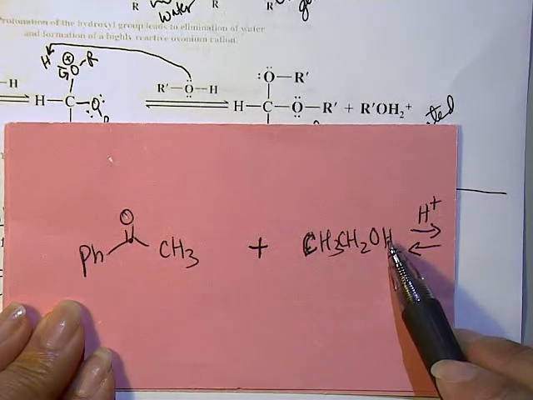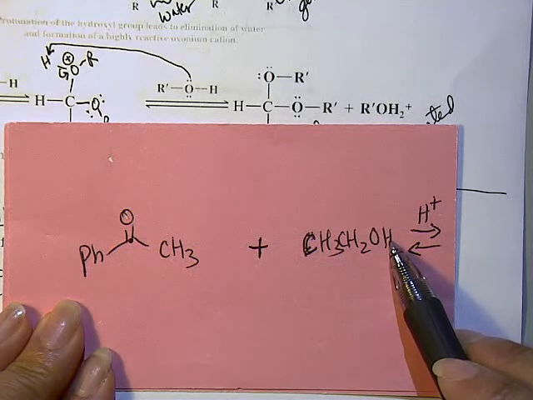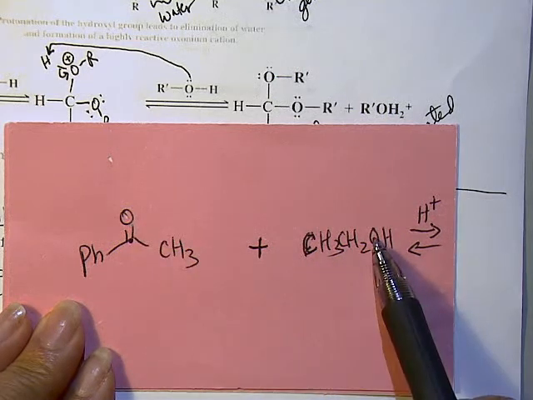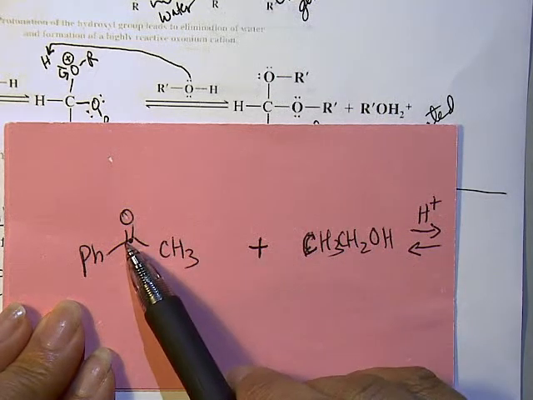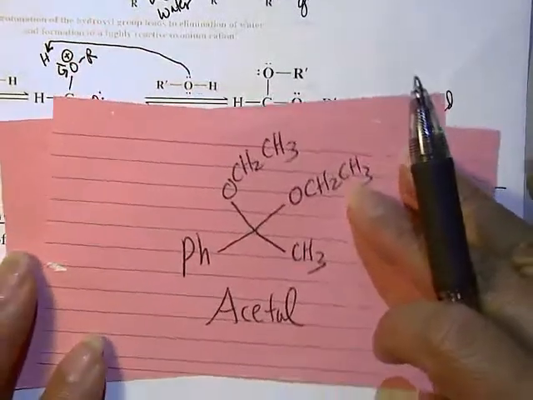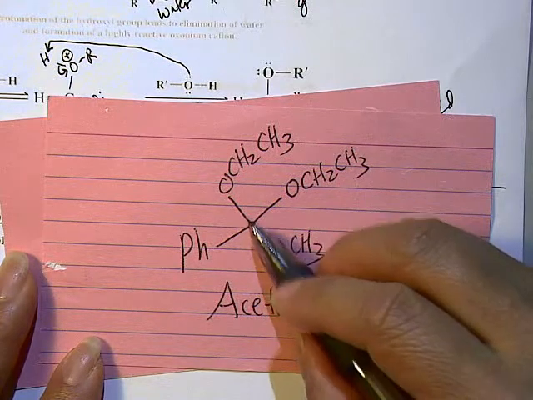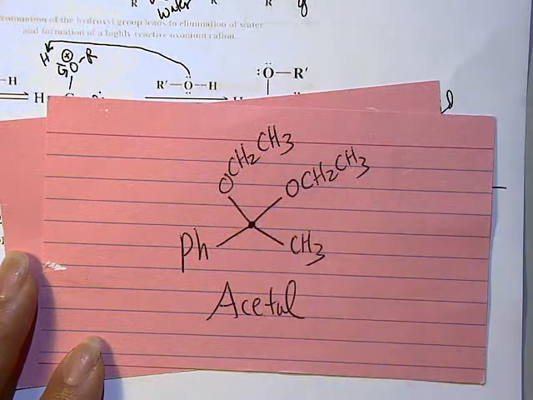So 2 of the hydrogens from 2 moles of alcohol leaves as water, H2O, and then in its place the OR group is attached to this carbon, and you have this product, which is the carbon of the carbonyl. It's got the 2 OR groups, okay?